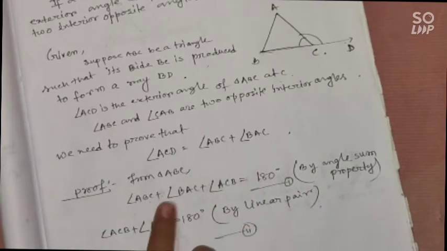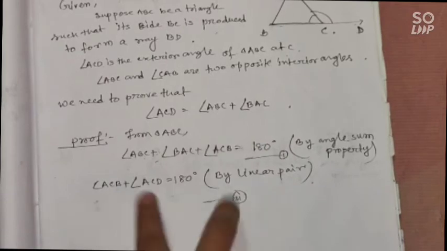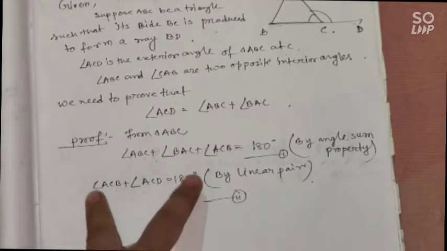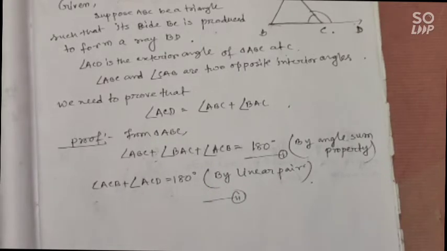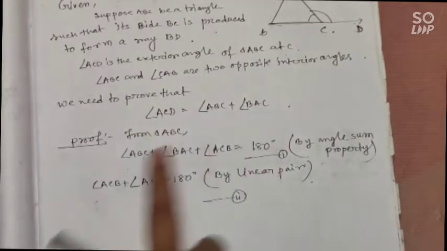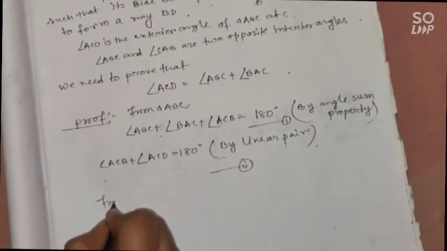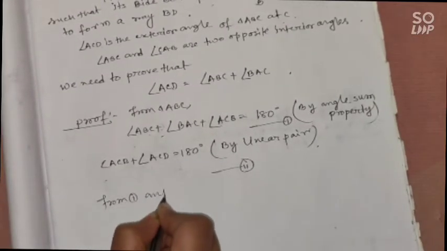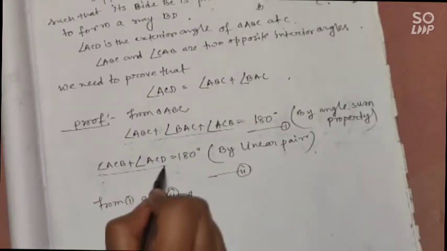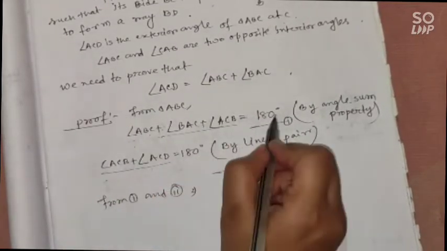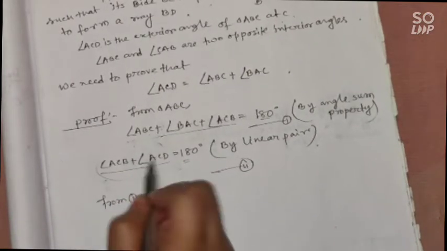So angle ABC plus angle BAC plus angle ACB equals 180 degrees, and by linear pair angle ACB plus angle ACD equals 180 degrees. So from 1 and 2, we can write this equal to this, because this value is 180 degrees and this value is 180 degrees.